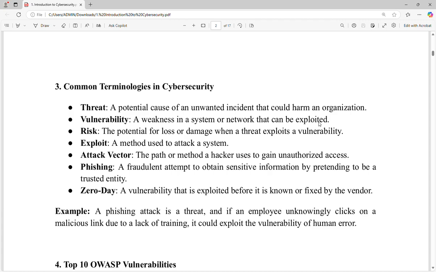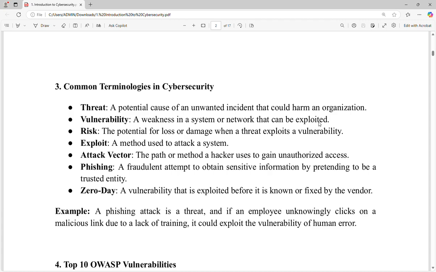If an attacker now exploits it, we call it 0 day attack or 0 day exploitation. So we have 0 day vulnerability, and we also have 0 day exploit because there's no security patch for them.